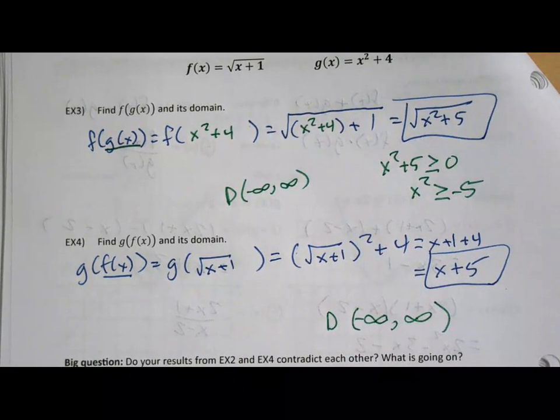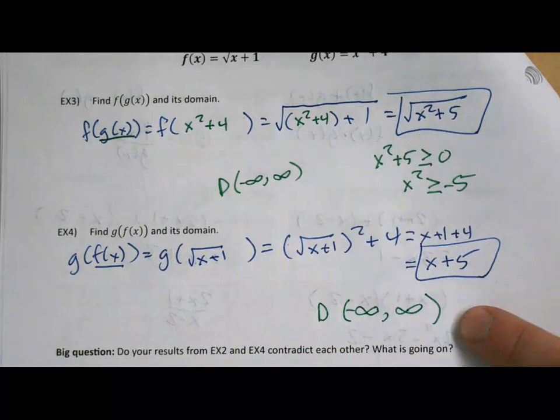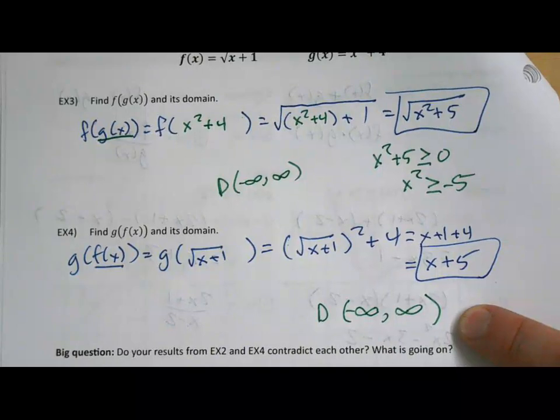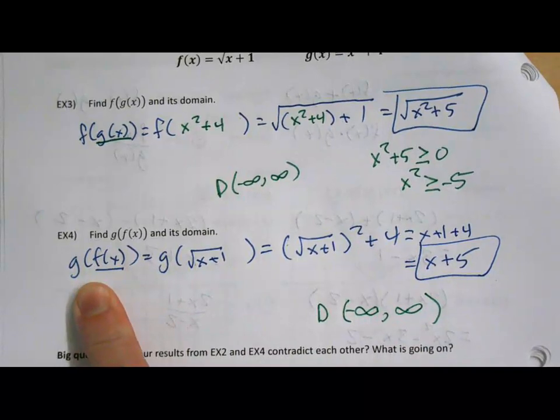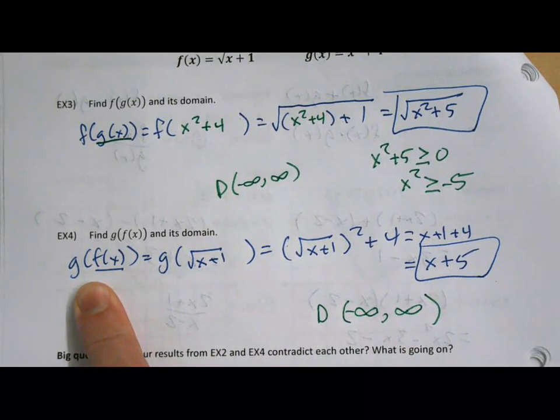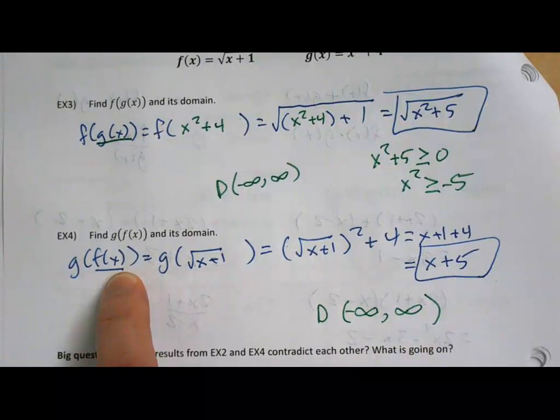What does it mean when I say that the domain of this function is all real numbers, or negative infinity to infinity? What does that mean about g of f of x? It means that I can put anything I want in for x, and not only that, I'm going to get an answer out of it.